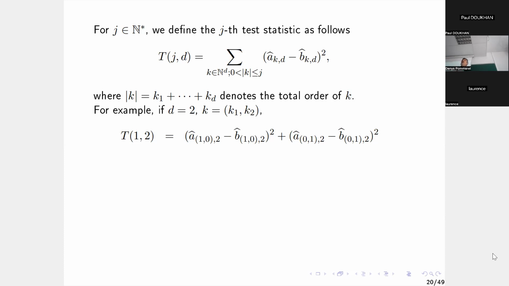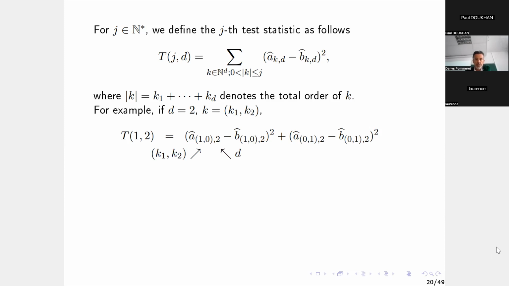Before, the first coefficient was n equal to 1, the second coefficient n equal to 2. Now k is not a single index, so you have to look at the total order. You start with total order equal to 1, but it could be (1,0) or (0,1). So you have a different number of coefficients, and you just have to put a lexicographic order, and that's all.